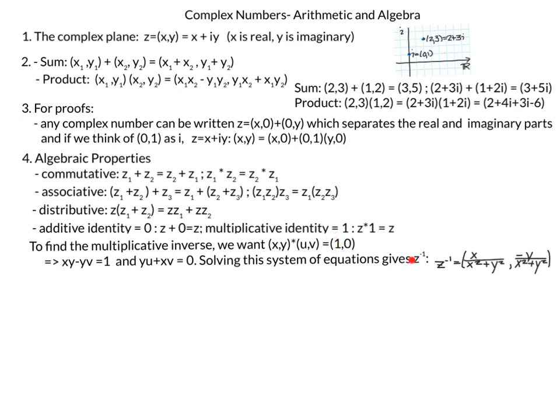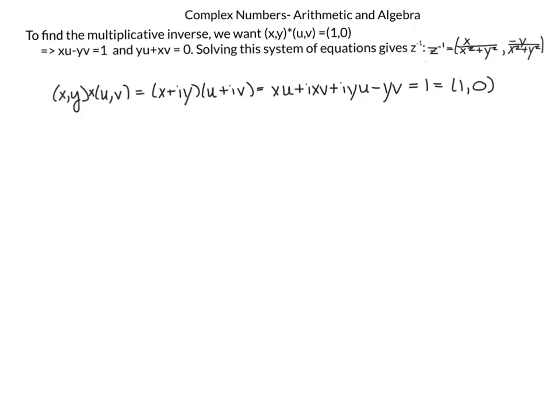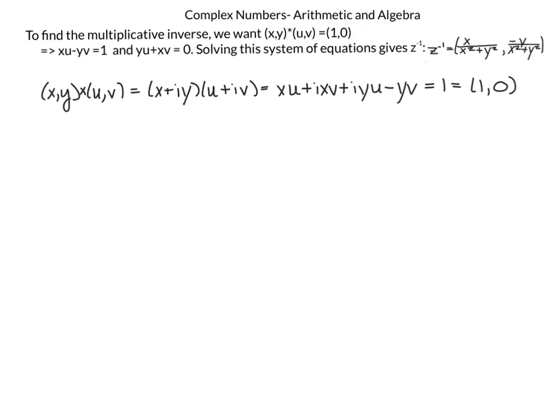I'll do the work here to show that the inverse is equal to x over x squared plus y squared, and minus y over x squared plus y squared. But I'm going to clear some things out so I have more room and don't run out of space like my last example. So I've moved up the information. I want (x, y) times (u, v), and if (u, v) is the inverse of (x, y), that should give me 1.